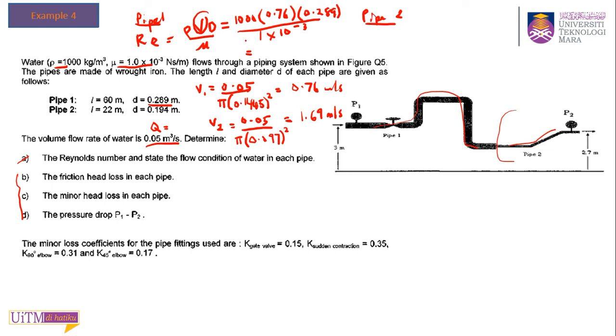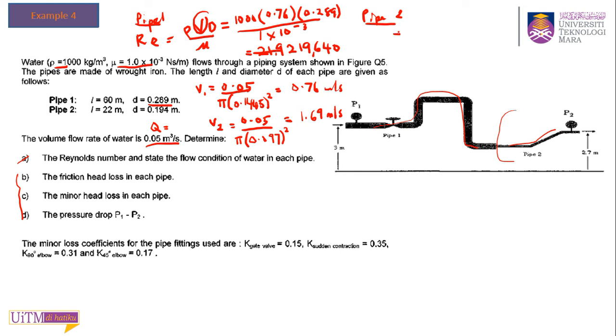So you will get 219,640. This is much higher than 4,000, so it is turbulent.